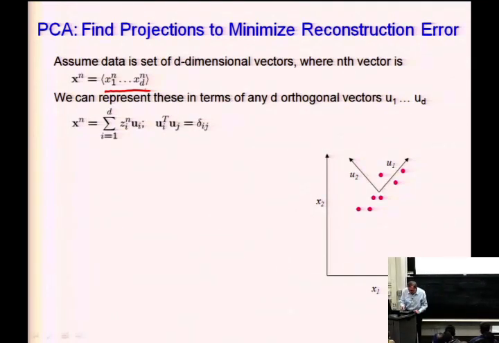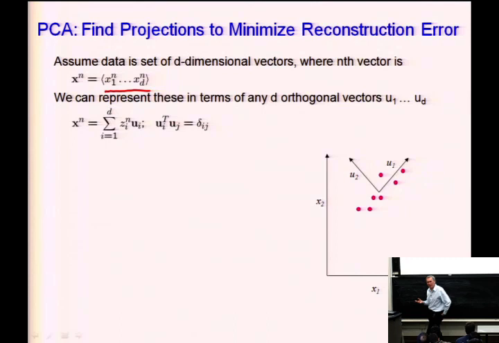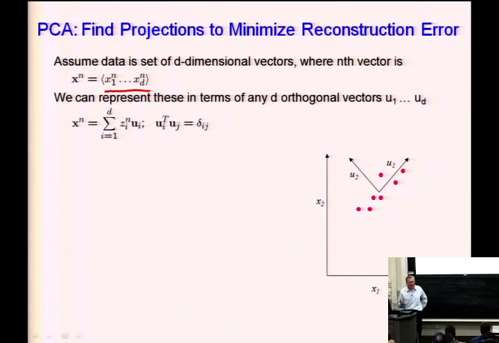And the nth one of those, I'll use the superscript as we have been doing before. We haven't done much linear algebra in this course. I'm going to use some vector notation and linear algebra notation here.